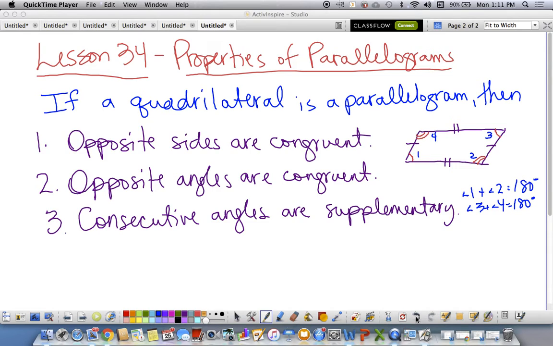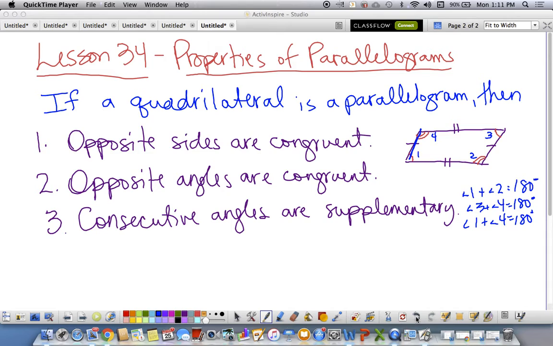What about angle 1 and angle 4? Are they consecutive? They share a side here. They are most definitely consecutive angles.